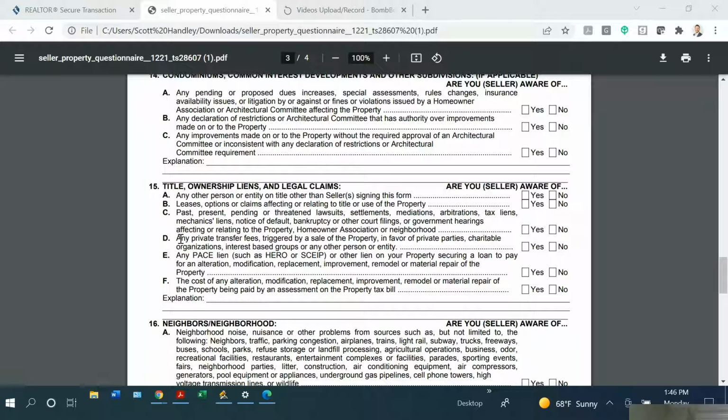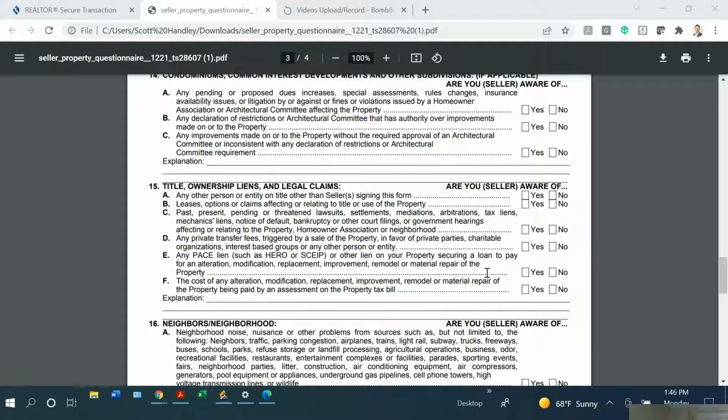15D, any private transfer fees triggered by a sale of the property in favor of private parties, charitable organizations, interest groups, or any other person or entity. Yes or no? This is one that comes up often. 15E, any PACE lien such as HERO or SCEIP, or other lien on your property secured by a loan to pay for any alteration, modification, replacement, improvement, remodel, or material repair of the property.